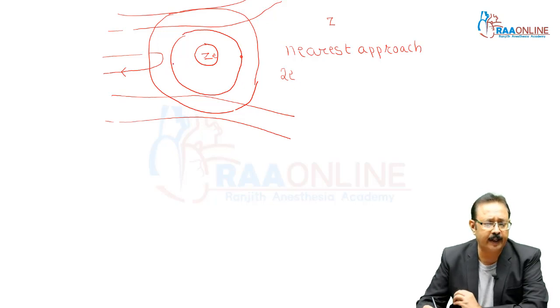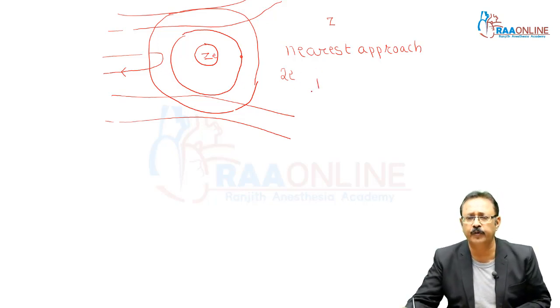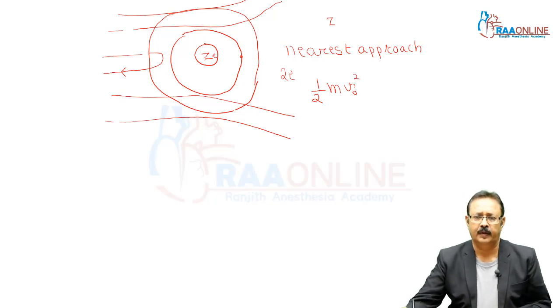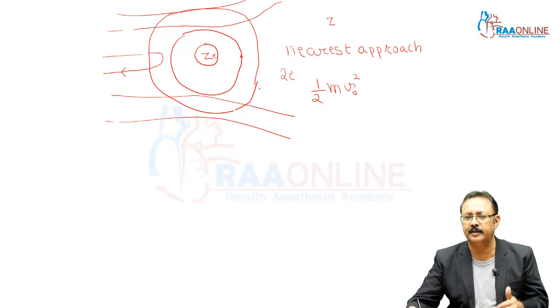You gave kinetic energy to the particles, and they were moving with kinetic energy half mv square. Your alpha particle was moving with this kinetic energy. When approaching the nucleus, a repulsion was there.